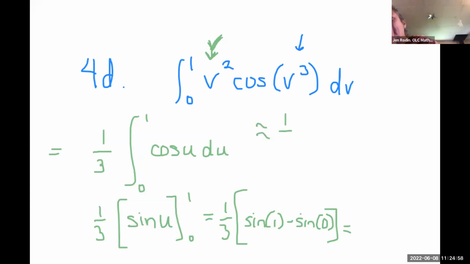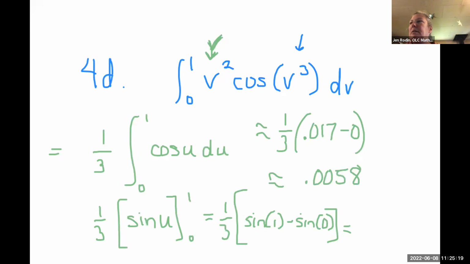So that's 1/3 times 0.017, and the sine of 0 is 0. So divide by 3 and we'll get that approximate answer, 0.0058. Questions on that one, anybody?